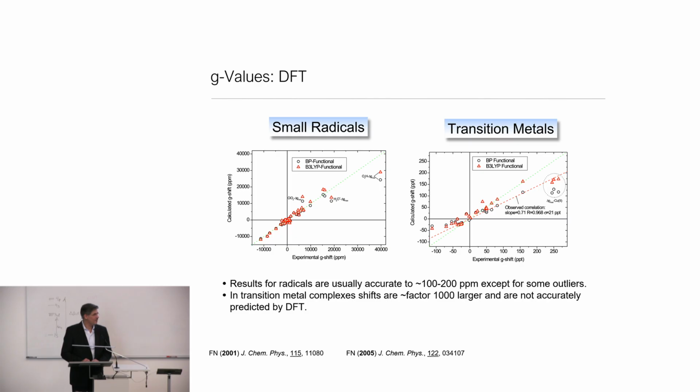We're working on it, and I hope that within the next 1 or 2 years that'll be available, and that'll be the only way out of that misery of inaccurate G-tensor predictions for transition metal complexes. So you see, there still is a lot of research to be done. But if you look at statistics like that, there is really no reason to take a DFT calculation all too seriously when you calculate G-tensors of transition metal complexes.